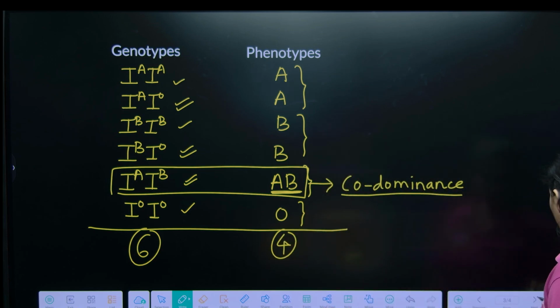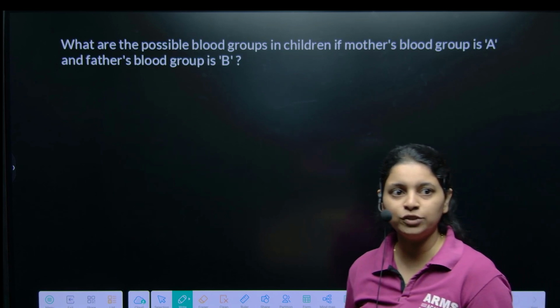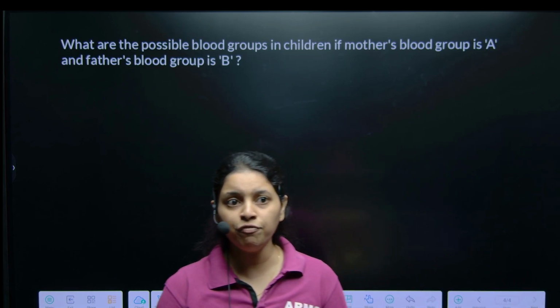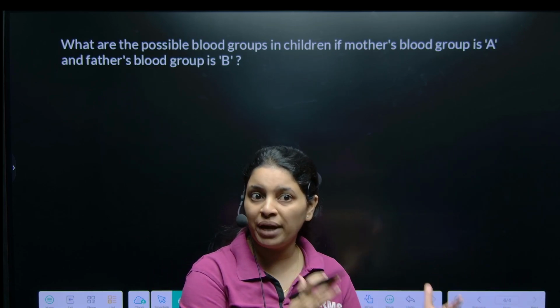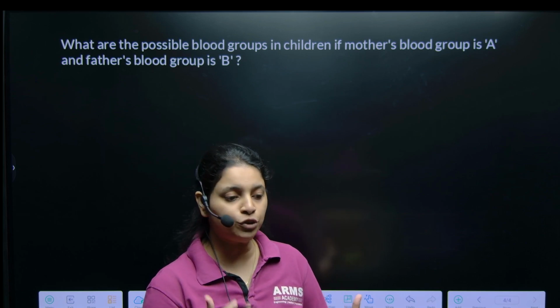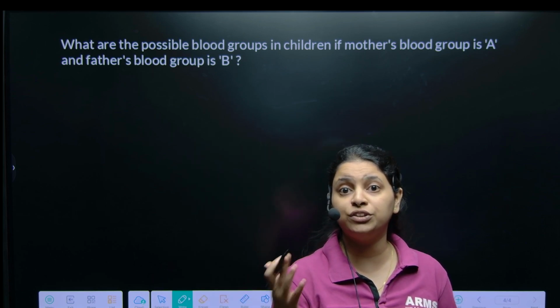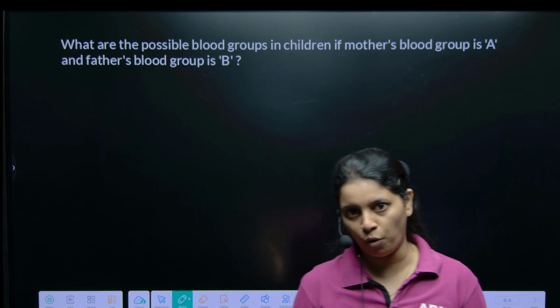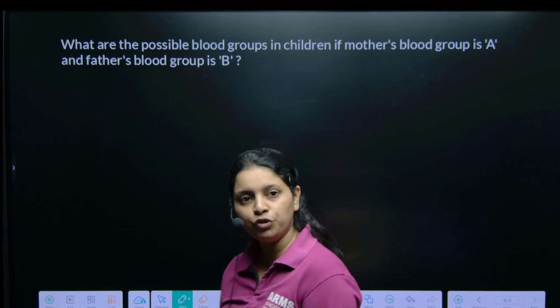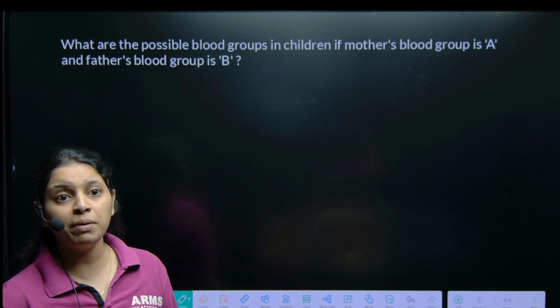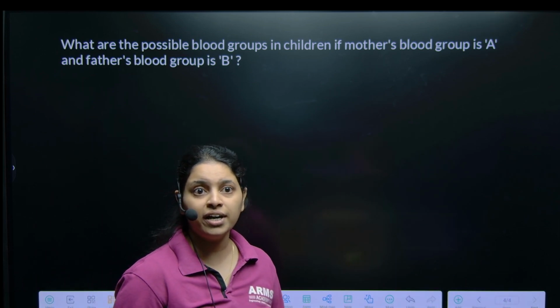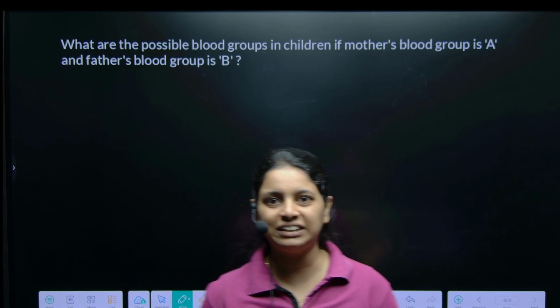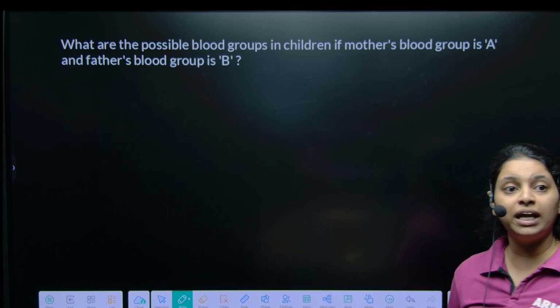Let's try to solve one problem based on this, so that you understand the approach. If the blood groups of parents are given and you are asked to find the possible blood groups in children, then how to solve such problems? So here I have given you one problem. What are the possible blood groups in children if mother's blood group is A and father's blood group is B?